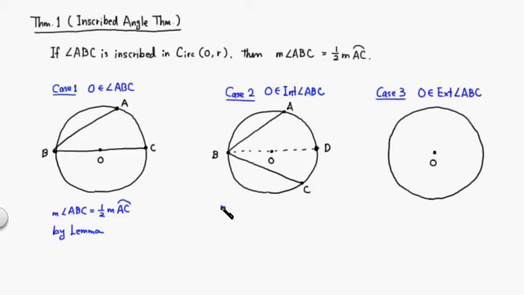Right? Then we can see that here, the measure of the angle ABC, which we're interested in, right? But BD is going to be interior of this angle, so we know that this is going to split into the measure of the angle ABD plus the measure of the angle DBC.